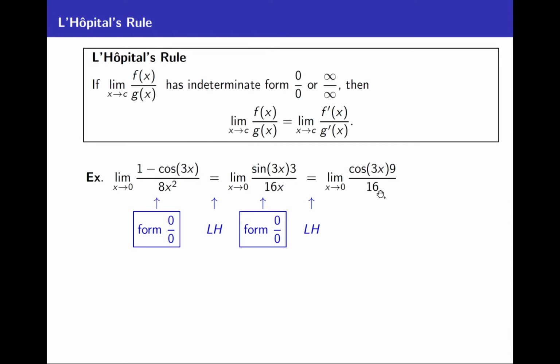So the denominator is really simple. And what's happening to the numerator? Well, it's cosine 3x times 9, and x is approaching 0. So here you can just plug in x equals 0. Cosine 0 is 1, and the limit is then cosine 0 times 9 over 16, which is 1 times 9 over 16. And that's 9/16.